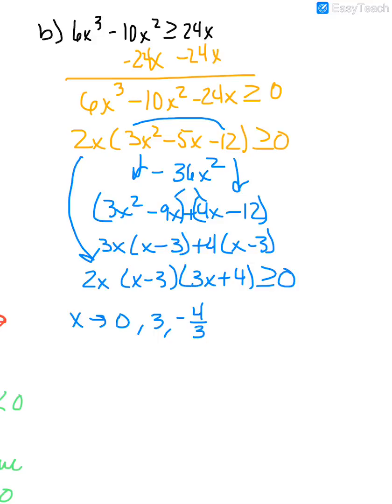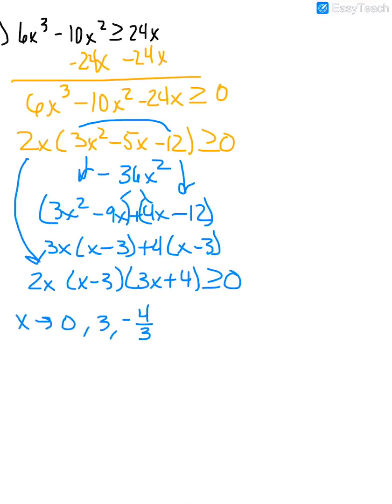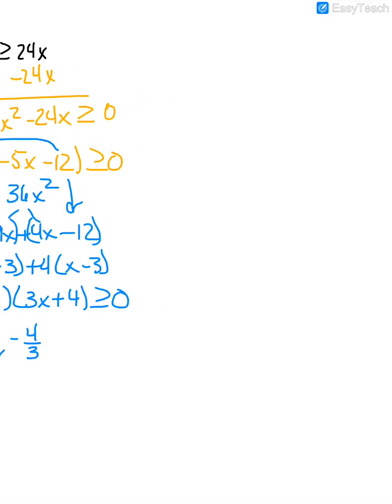Okay, so when I'm making my number line, and how about we scooch over here? So make my number line. I have 0. I have 3. And then I also have -4/3. I know it's not that far over, but I'm just going to give myself some space. So you have those areas now.